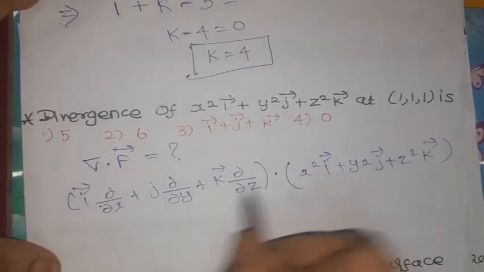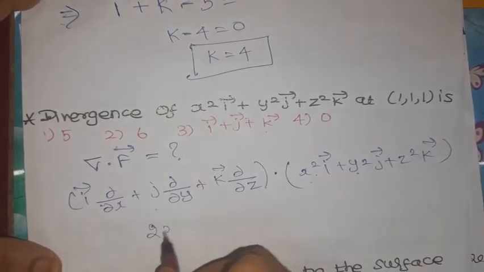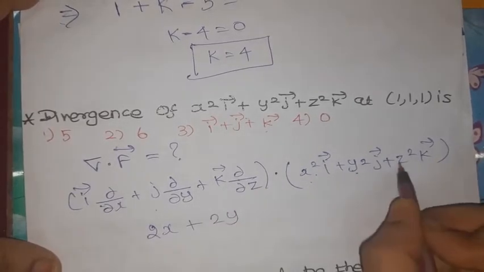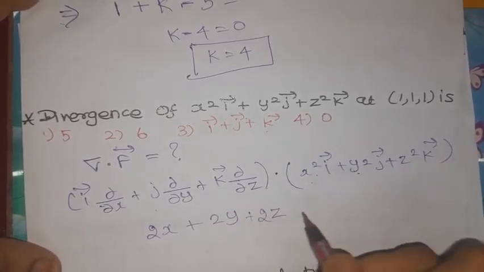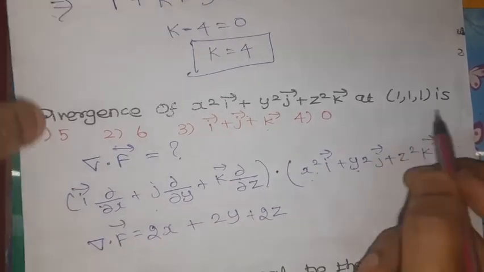So i dot i, j dot j, k dot k. So dou by dou x of this term 2x, plus dou by dou y of this term 2y, then dou by dou z of this term plus 2z. So this is del dot f.